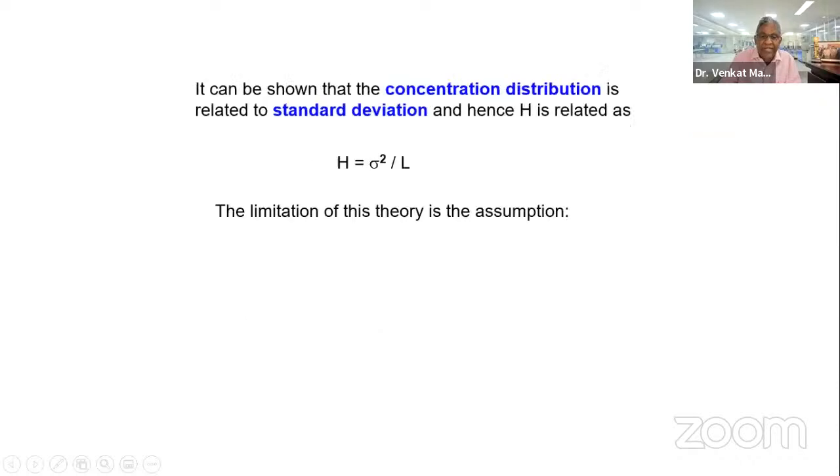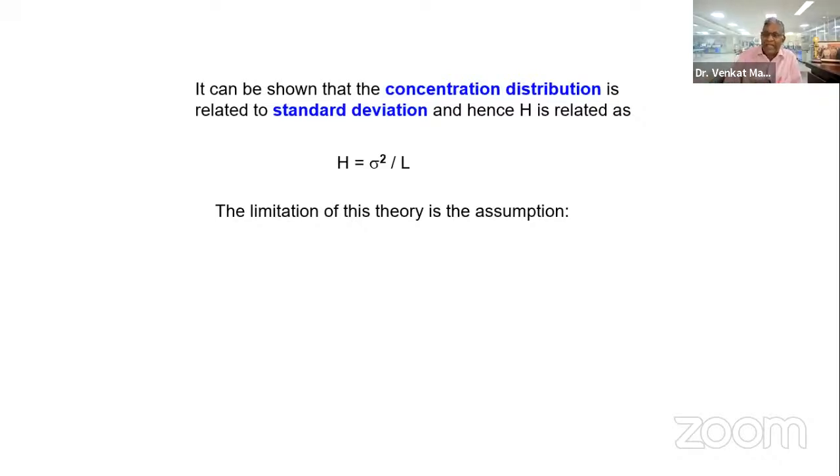From that, what will we understand? I will understand that the concentration distribution I can correlate to the standard deviation. This is called the basic theory, or the plate theory, of the column. That's all. Very, very simple.